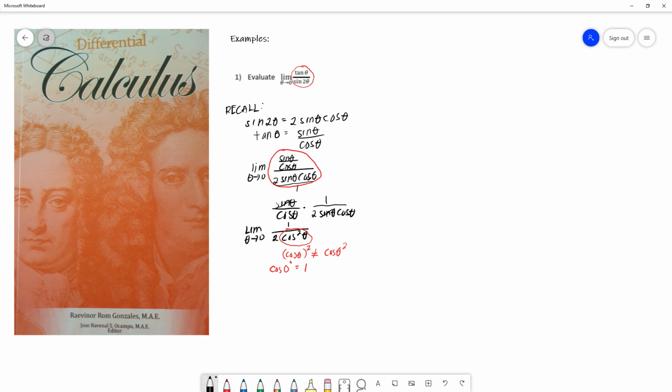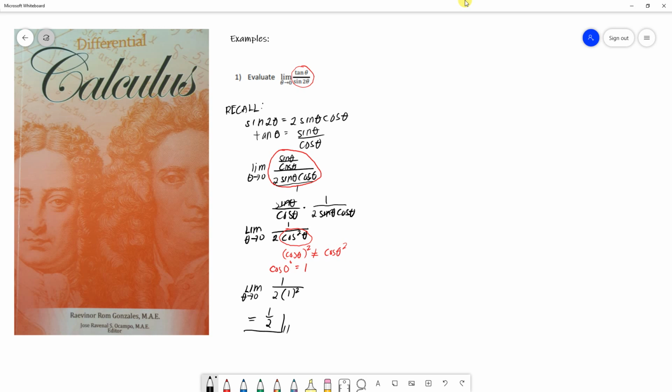So we can now substitute theta approaches 0. We have the limit of 1 over 2 times cosine theta, which is 1, squared, where theta approaches 0. Since these are all constants, the limit of a constant is still the constant. So we have 2 times 1 squared, which is 2. So the answer is 1/2.